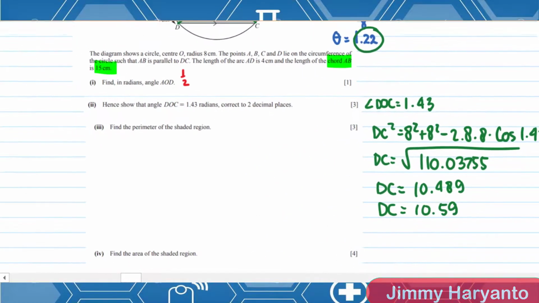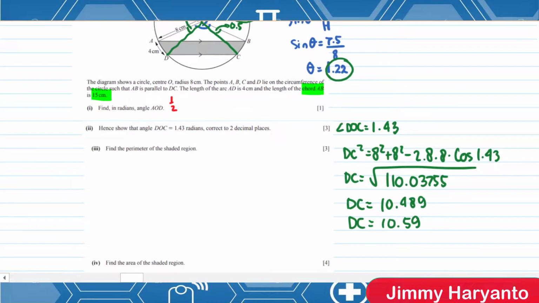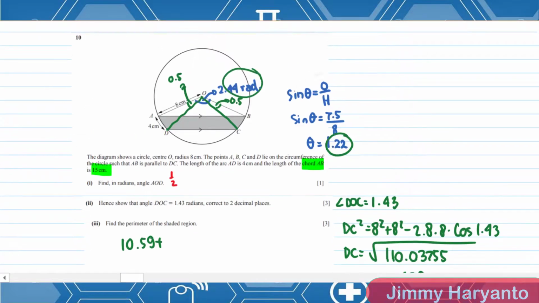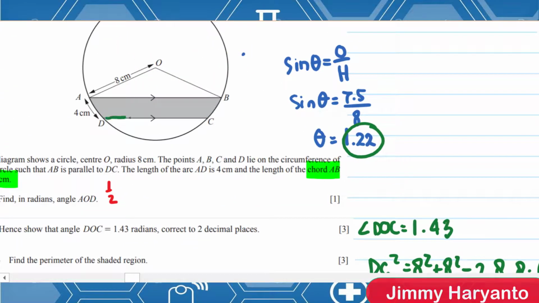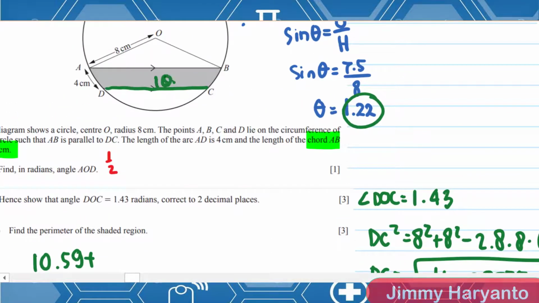Okay, after that we have to find the perimeter. The perimeter will be 10.59. Yeah, so the perimeter is this one. 10.59, and then this one is 15, and then this one is 4, that one is 4.